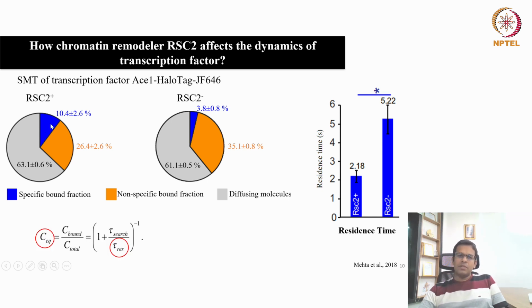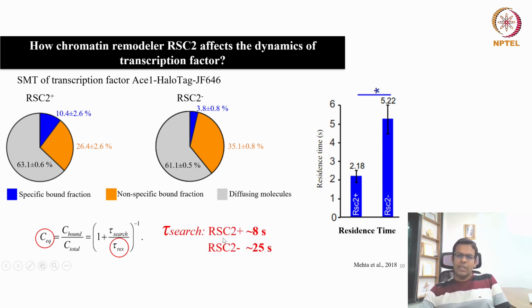There is a simple equation by which we can calculate the search time. What is the search time? The search time is the time that a transcription factor takes to reach the gene promoter. Using this equation, we quantified the search time for the transcription factor ACE1 to bind to the gene promoters in the presence and absence of RSC2.